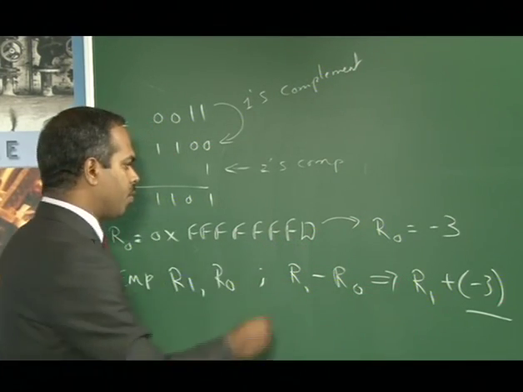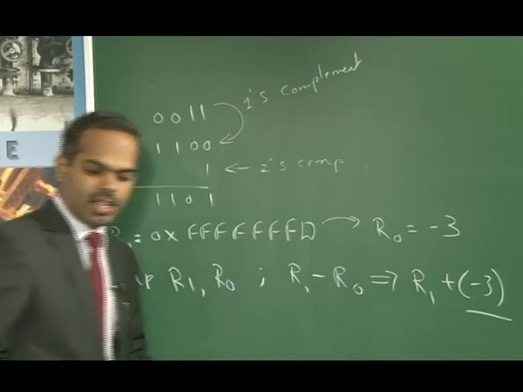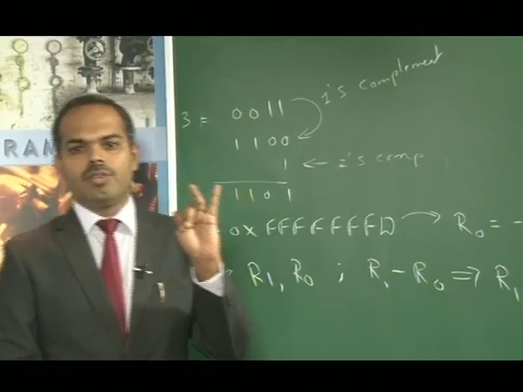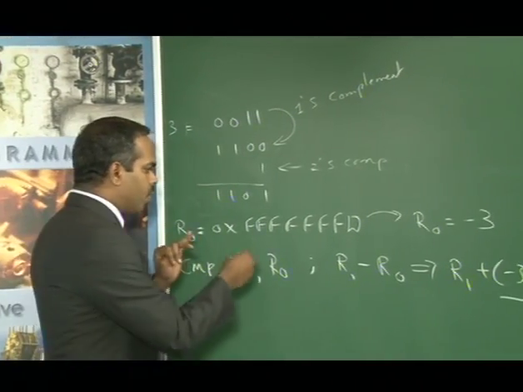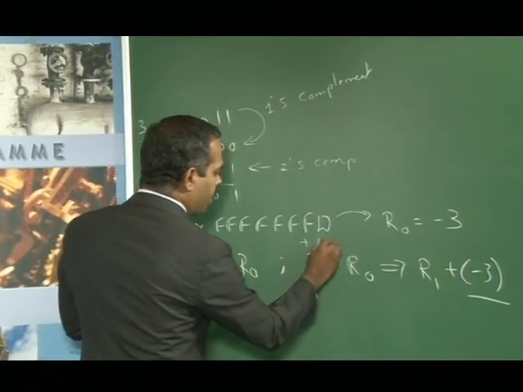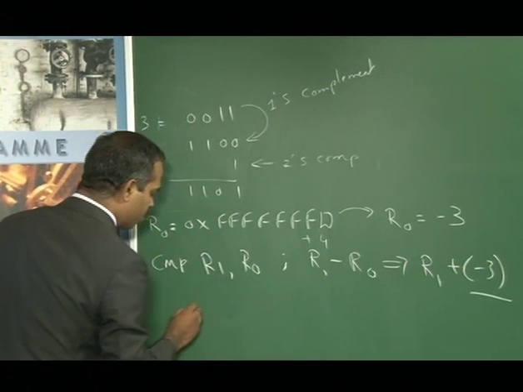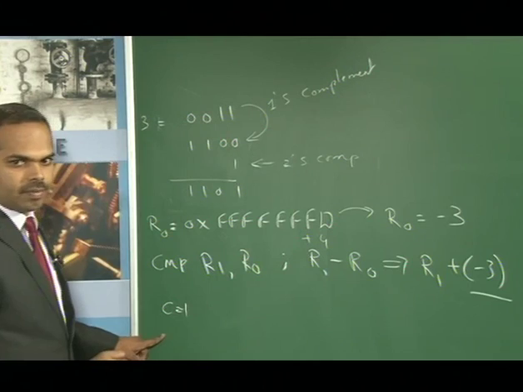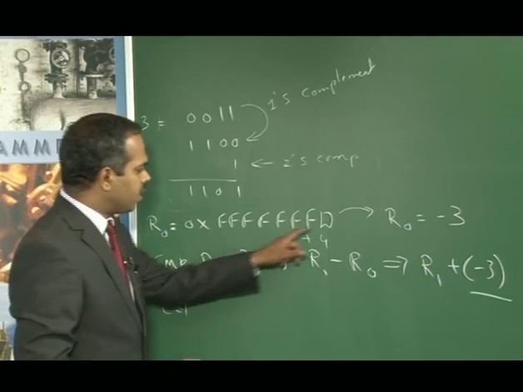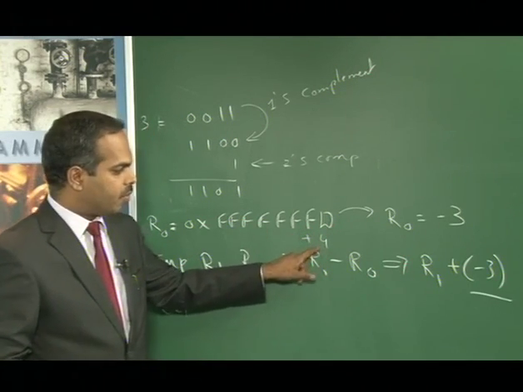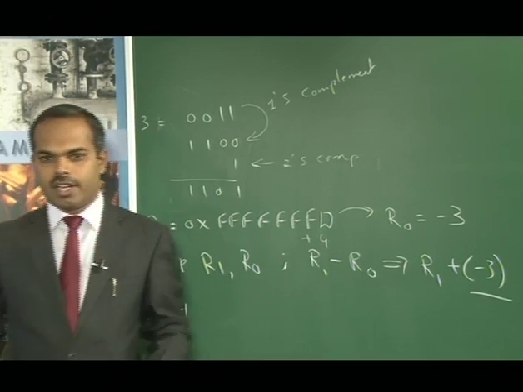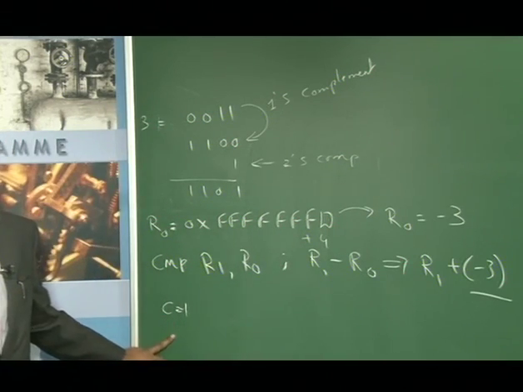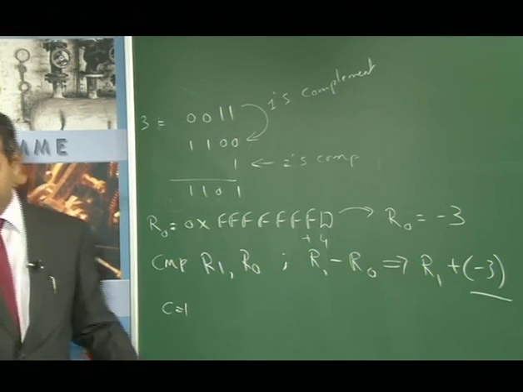R1 content is 4. When I add 4, it overflows, and the carry is set to 1. Hope this is clear. When we add this minus 3 with 4, which is the R1 content, we will get the resultant carry as 1. Please do it by yourself, it will be more clear.